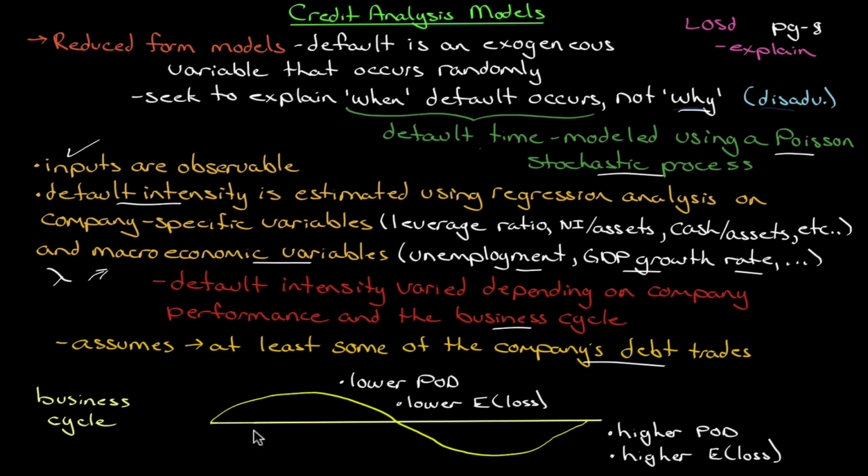I've drawn a kind of funny looking business cycle here, but the result you would get with a reduced form model is that as the economy is improving, you would have a lower probability of default, and also a lower expected loss if there was a default. And as the economy sinks into a recession, you end up with higher probabilities of default along with higher amounts of expected loss.